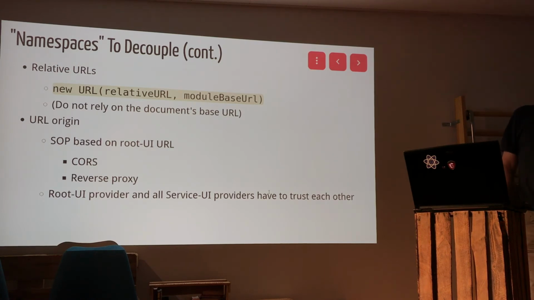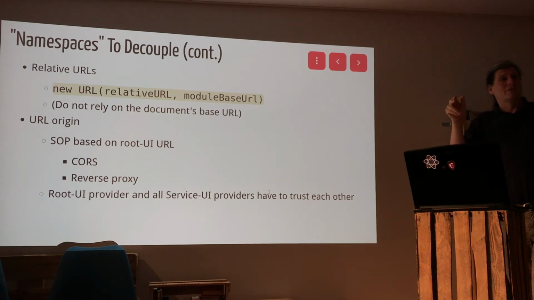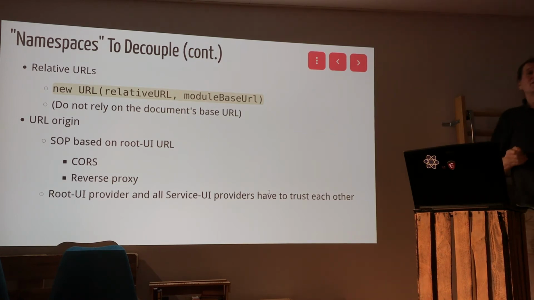And finally, there's the same origin policy. When a service UI makes a backend request, it's living in the origin of the root application, so in the host name and port pair of the root application, even though the fetch call comes from JavaScript code loaded from the microservice.